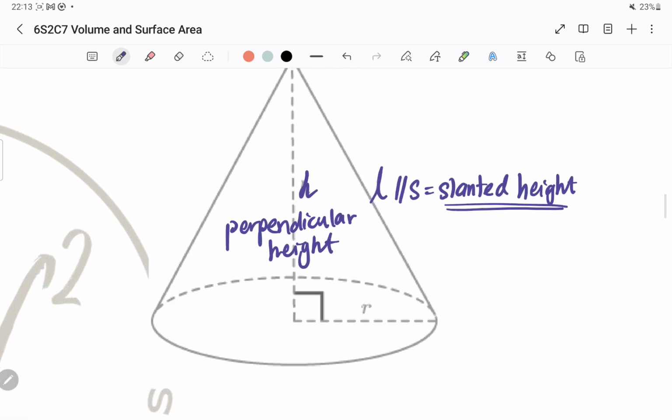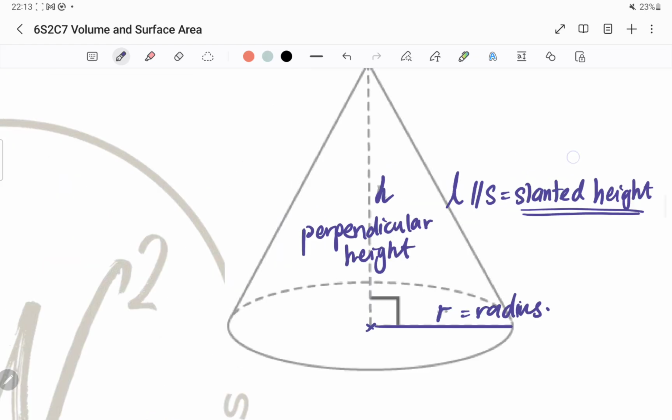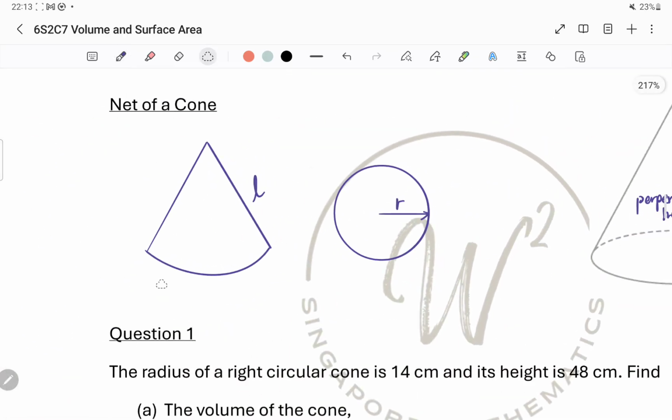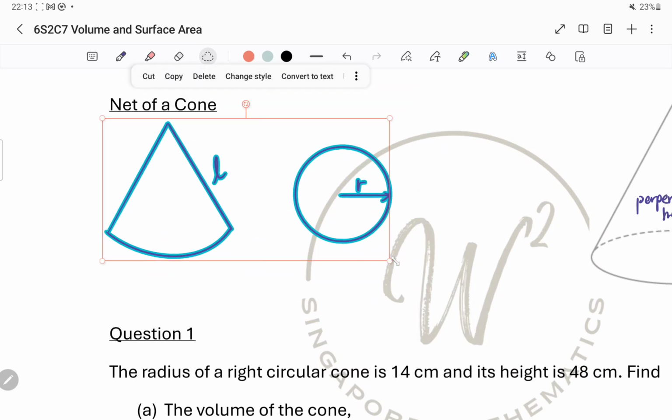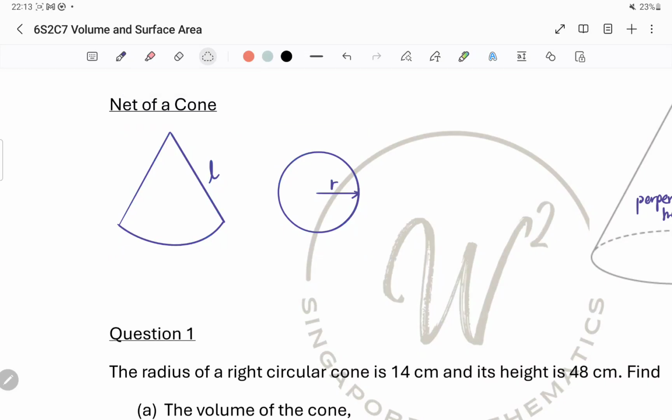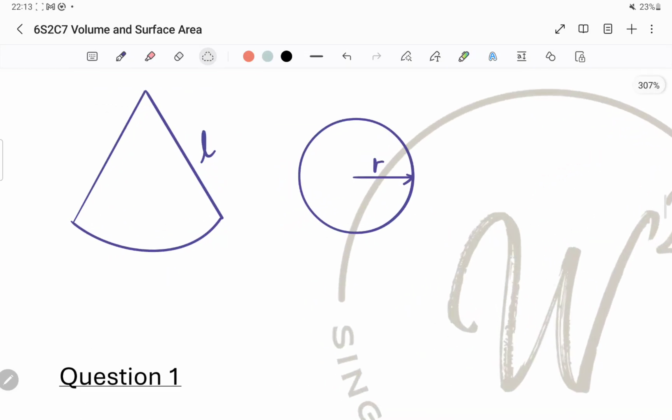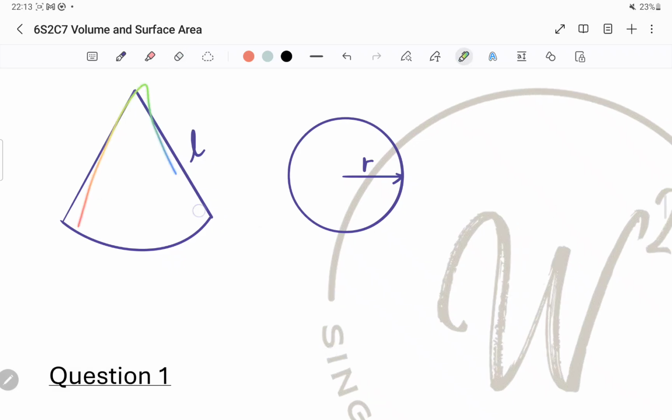This perpendicular height must be 90 degrees to the center of the circular base. This one is the radius. So you need these three things to find out the volume and the surface area. If you were to pull out the net of the cone, you will see that you form two things: an ice cream cone shape like that, and another one is your circular base.